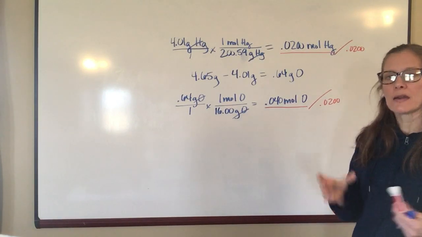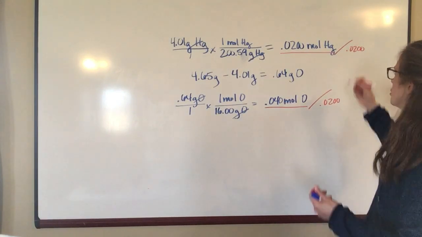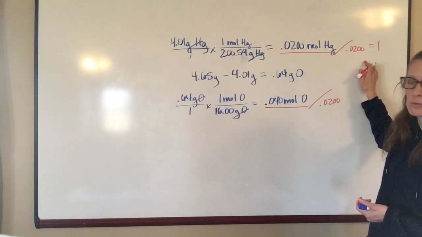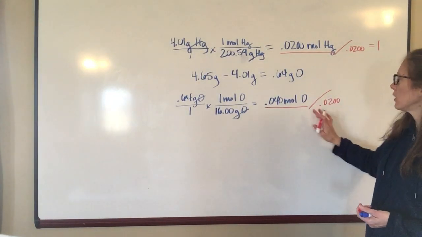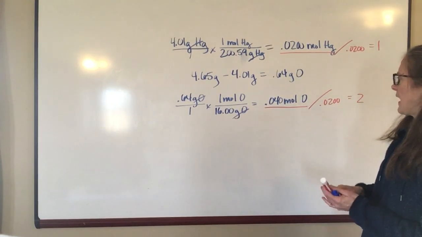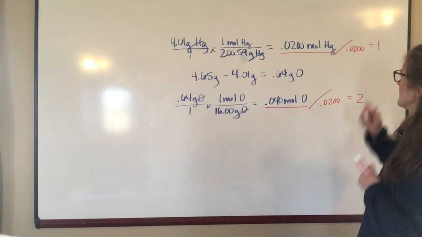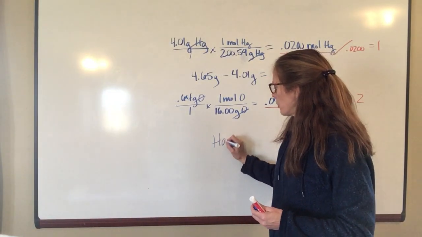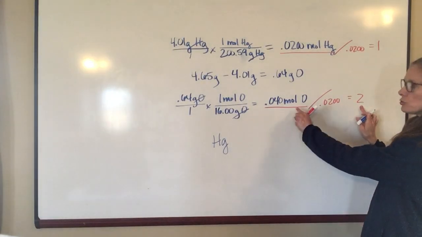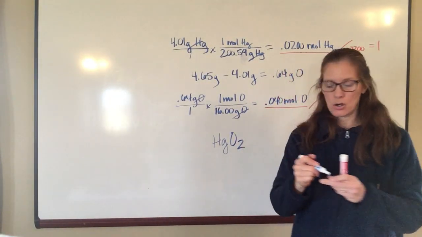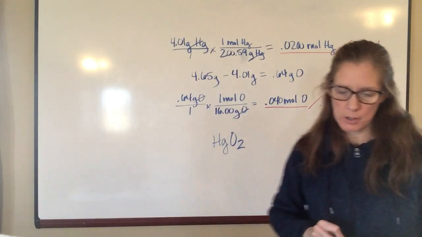And when I do that, that will give me the simplest whole number ratio. So 0.02 divided by 0.02 is 1. 0.04 divided by 0.02 is 2. And what that tells me is that for every 1 mole of mercury, I have 2 moles of oxygen. So that's going to be HgO2 for my empirical formula.